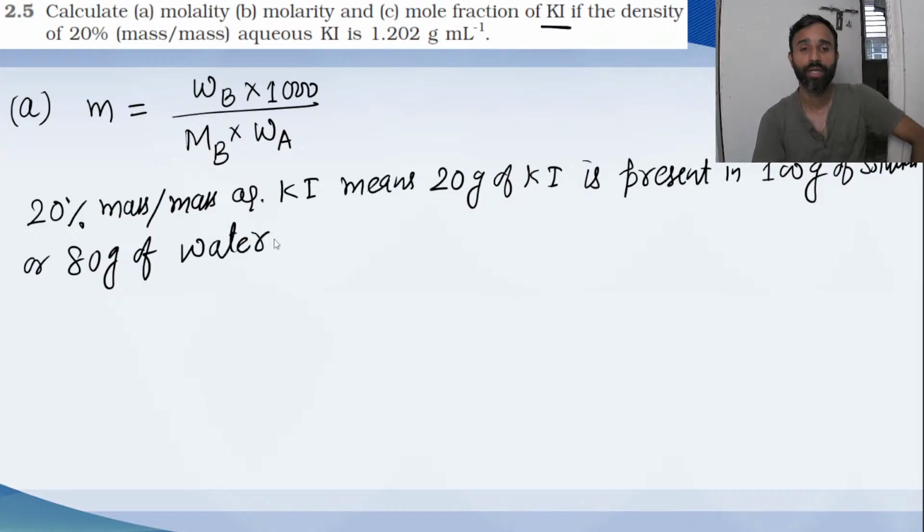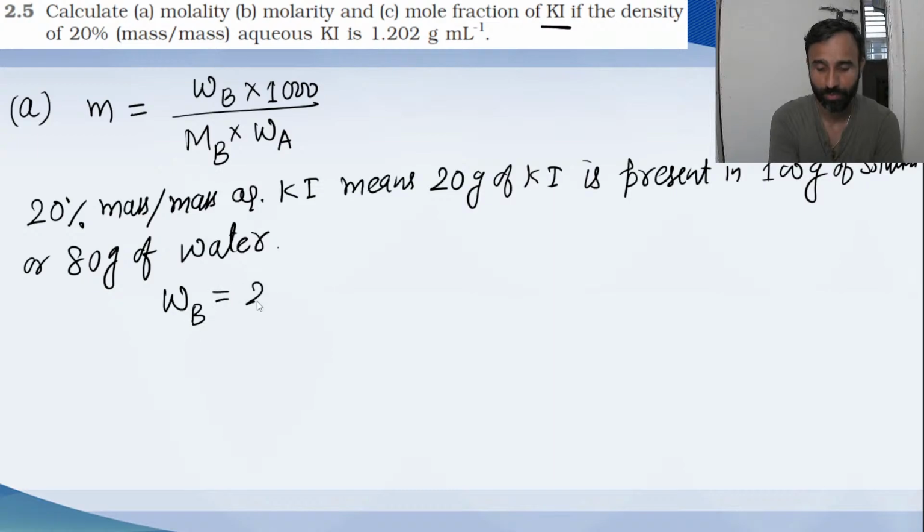Am I right? 20 gram of KI is present in 80 gram of water. That means weight of solute we have 20 gram. Weight of solvent we have, that is 80 gram.